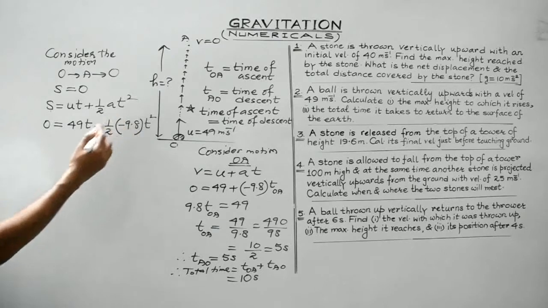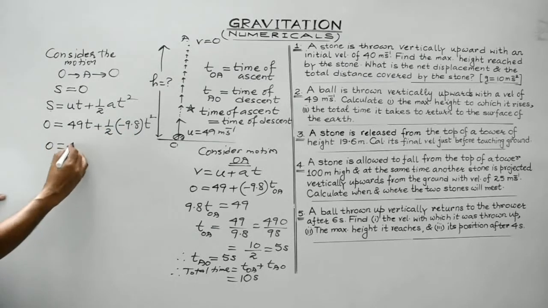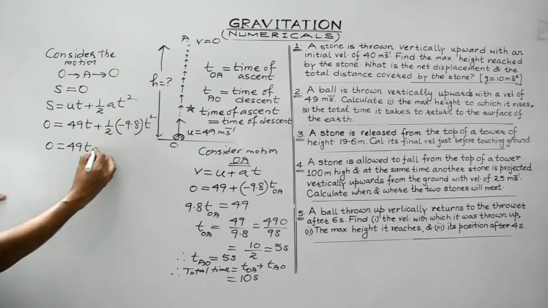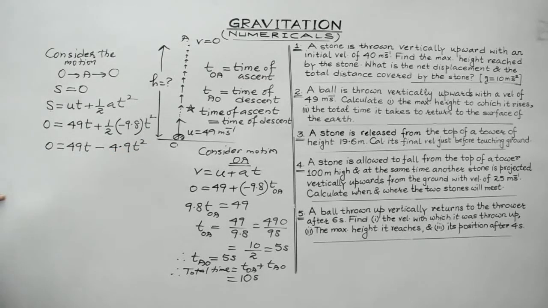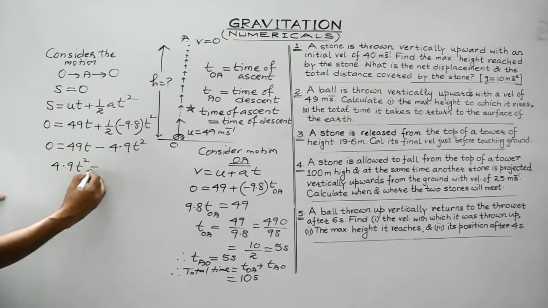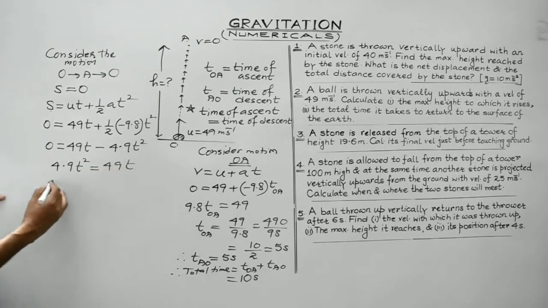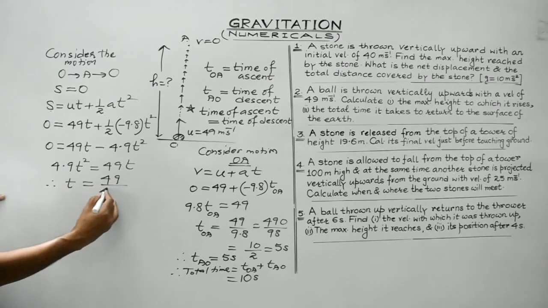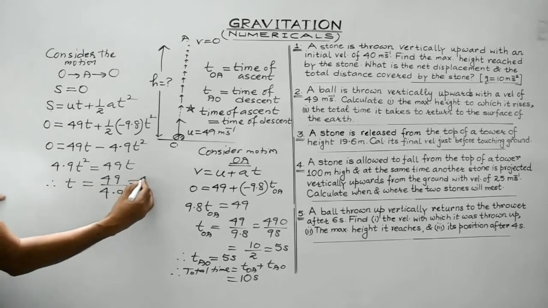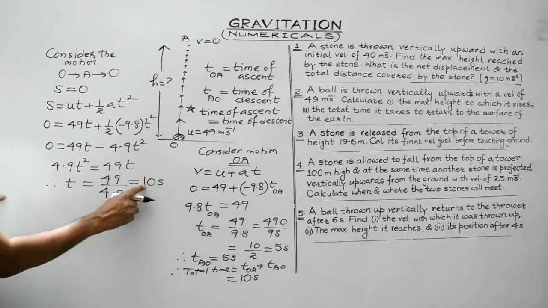So what to do is, you can solve it. So it will be equal to 49t minus 4.9 t square. Or in other words, we can write 4.9 t square is equal to 49t. Therefore, t would be equal to 49 divided by 4.9. So it will be equal to 10 seconds.